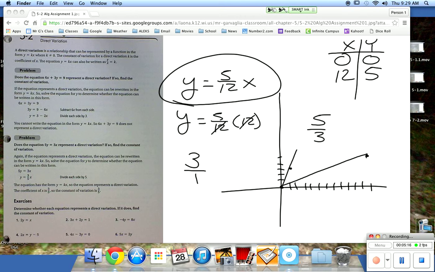You'd have a slope like that. Chances are your slopes are going to be able to reduce to something, yes.